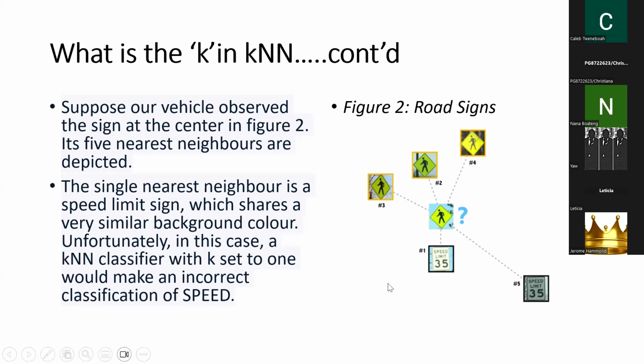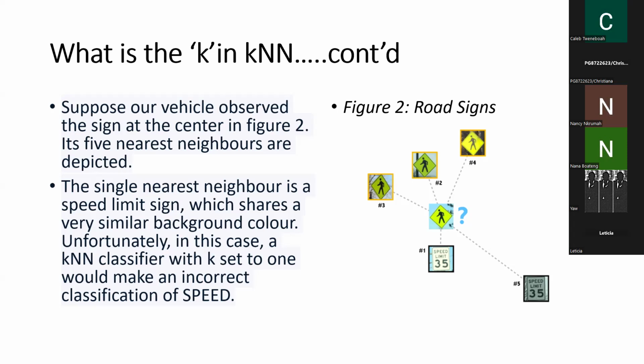Another speed limit. Okay, so we have 5 neighbors. Do you agree? Yes. Okay, so if we set our K to 1, it works out the closest distance in terms of Euclidean distance.